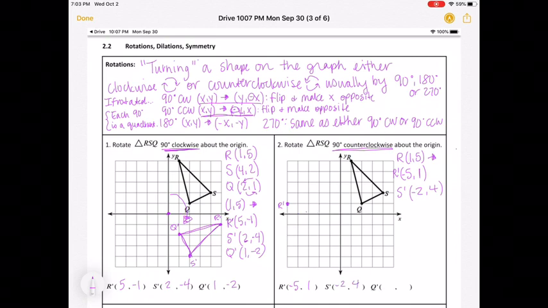And plot that. And lastly, Q prime. So I flip 1 and 2, make 1 negative. Connect your points. Check if they look congruent. Look pretty close.